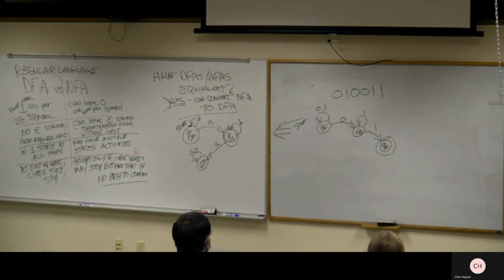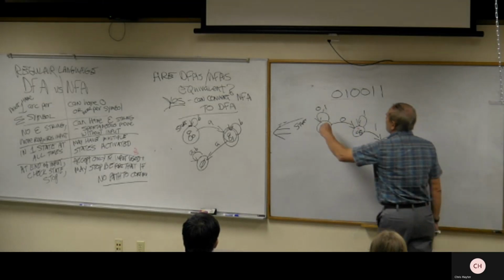When we get back to Q0 and see the 0, it reactivates itself, looping back to itself, and the 0 turns back on Q1. All that's saying is you could go 0, 1, 0, right? Or you could go 0, 1, 0. So Q1 is a possible state that we could be in at that point.